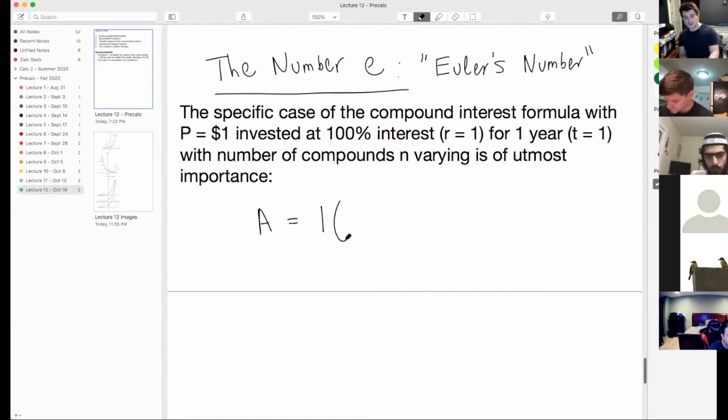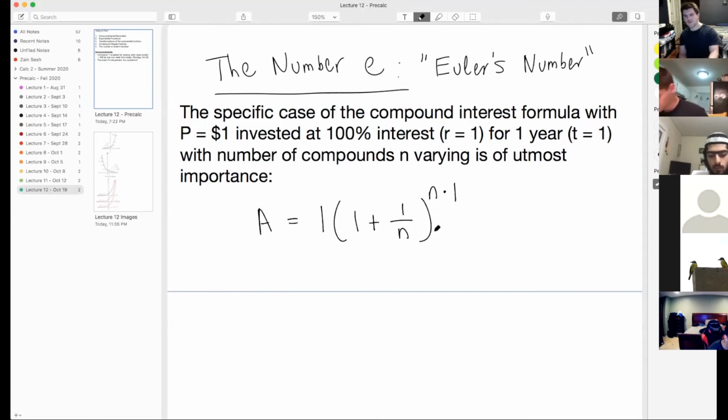It was P multiplied by 1 plus R over N. R is 1 as well, so 1 plus 1 over N. N, though, the number of compounds, we're not assigning a definitive value. That's what we're going to let vary now. That's going to be our variable. And this is raised to the nth power. This will be N times 1.